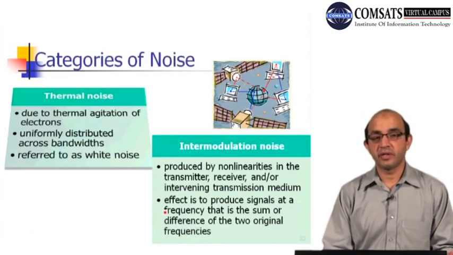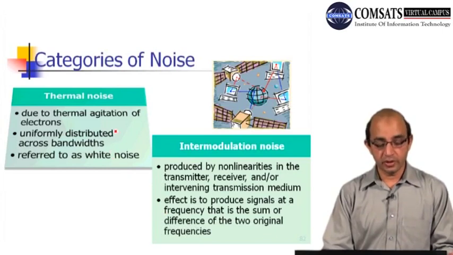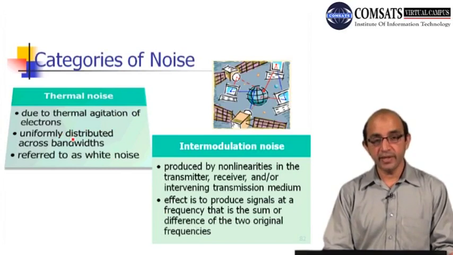There are different types of noise. Thermal noise, also called Gaussian noise, is due to thermal agitation of electrons, and this noise is uniformly distributed across the bandwidth, and it is also referred to as white noise.